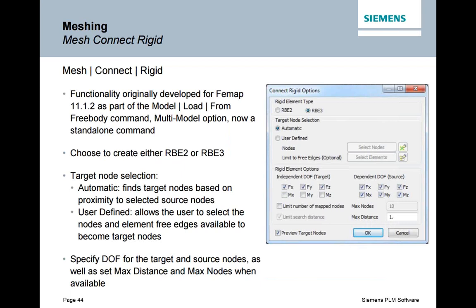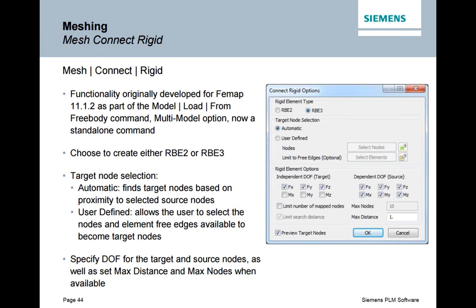And there was some functionality added to 11.1.2 to create a model load from freebody, a really interesting and useful option for working with breakout models, going from a global to a local model. When they did that, they created this little utility for that purpose, to be able to graft loads from the global model onto the local model with RB elements.